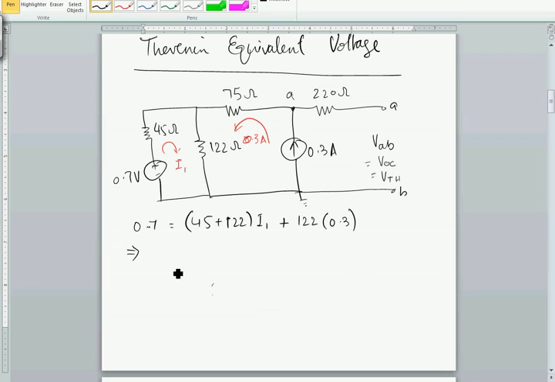So I1 is going to be 0.7 minus 122 times 0.3, divided by 2 plus 5 is 7, 2 plus 4 is 6, 167.